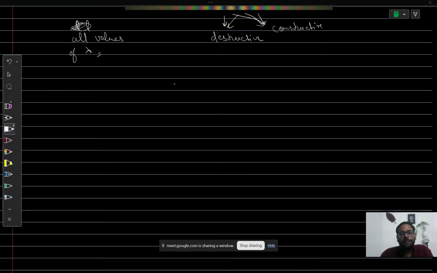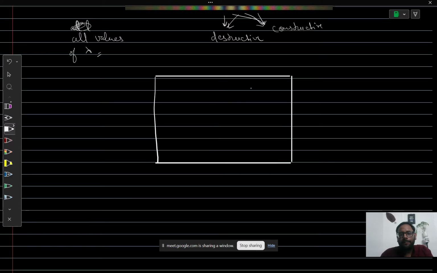Okay, so we have a frame again. I should draw it. This is my ether frame, this is my ether S frame. This is my Earth in the ether.